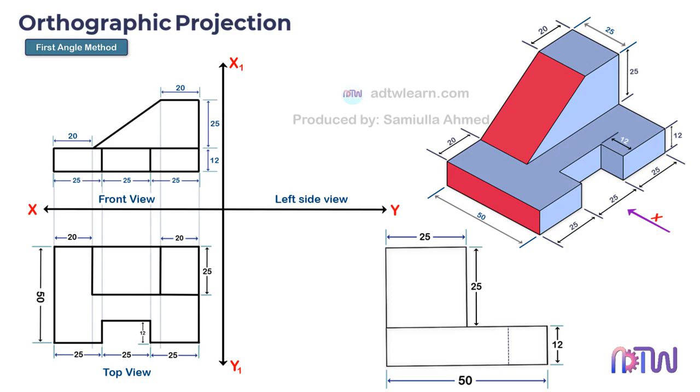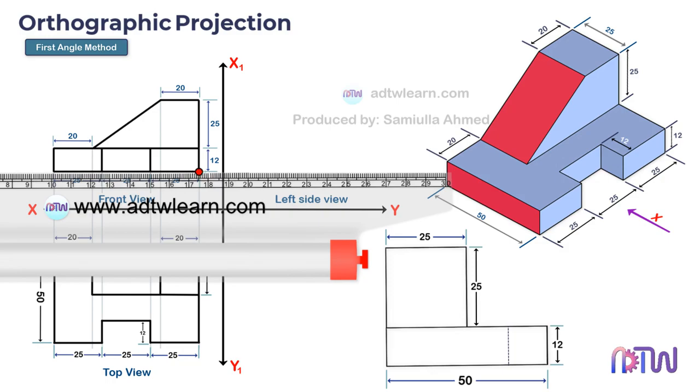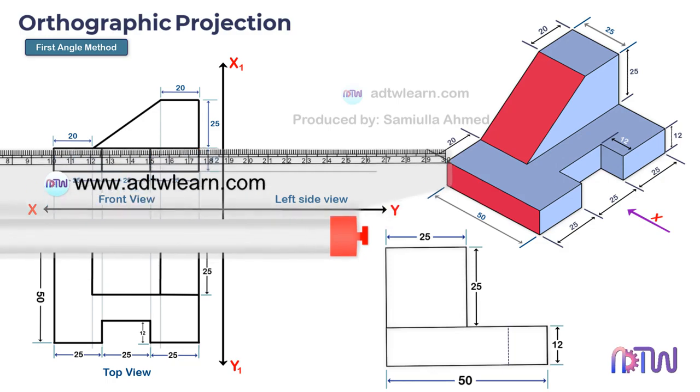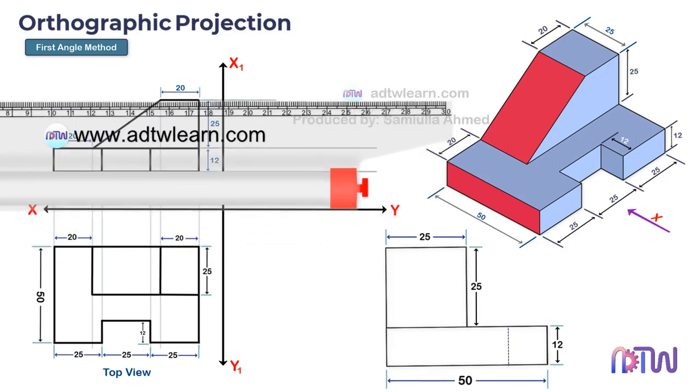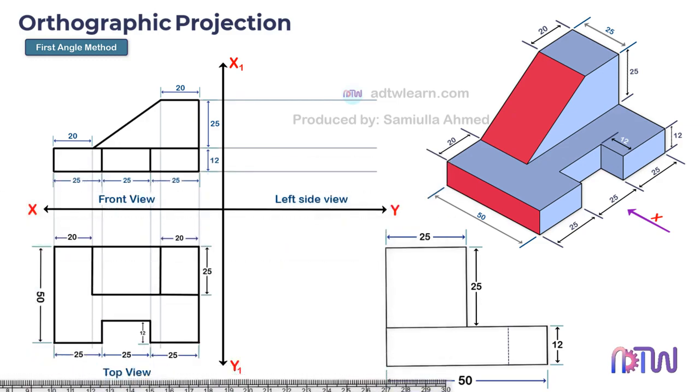First, we will draw the horizontal projection lines from the front view of the object. Also, we can draw the projection lines from the top view. To do so, first, draw an inclined line which will be at 45 degrees. After this, draw the projection lines from the top view.